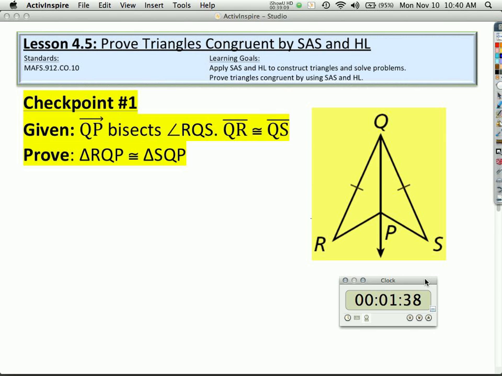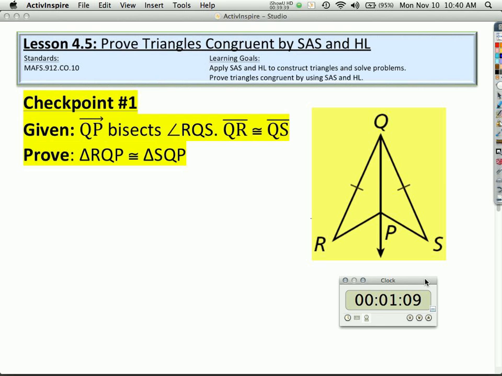I don't know. Right? That's a good question. I like that. You don't need to do that. Because of angle RQP and the given, and then the definition.